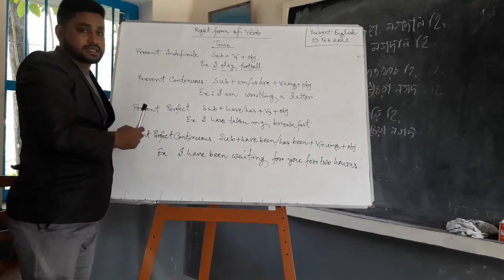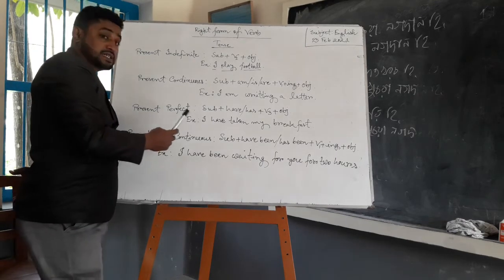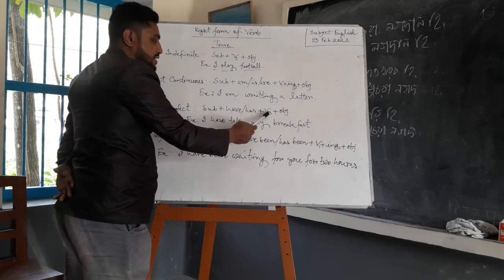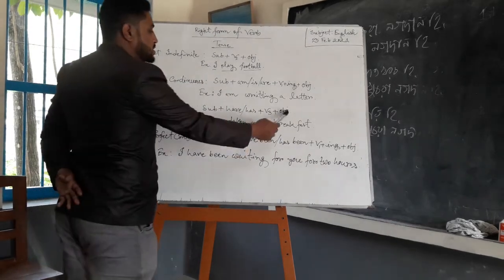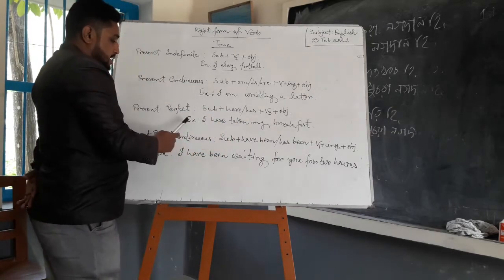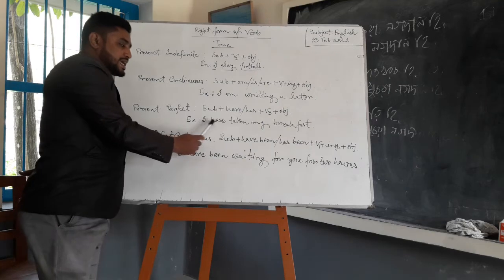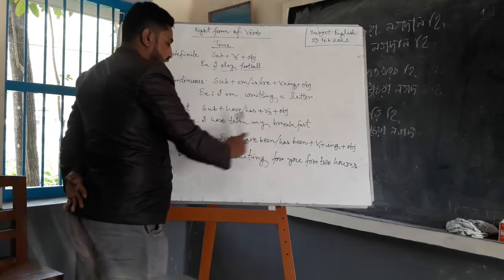Present perfect tense. The structure is subject plus have/has plus verb 3, that means the past participle form of verb, plus object. I have selected an example for that. I have taken my breakfast.